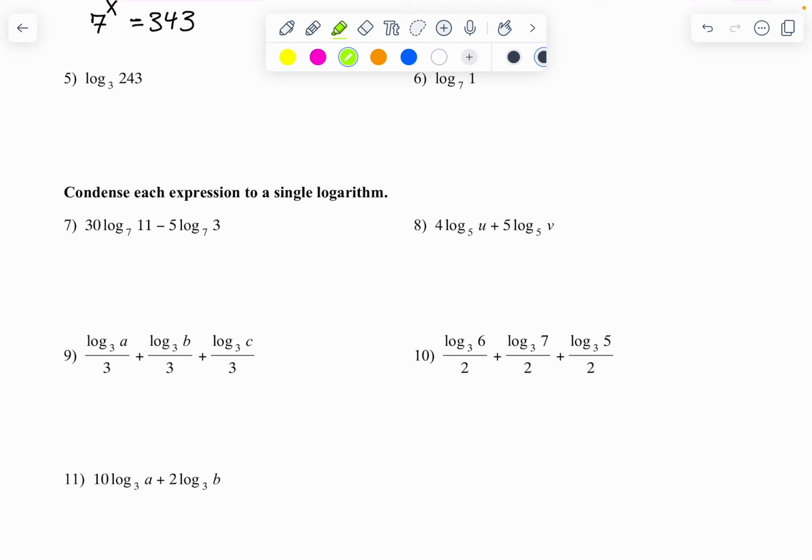Here we're condensing, so just use your properties that we looked at on Tuesday to help you do that. The only thing that I thought might trip you up is like number 9, number 10. You have log base 3 of a over 3. So remember that this is the same thing. If I put it over 3, that would be the same as 1/3 log base 3 of a.